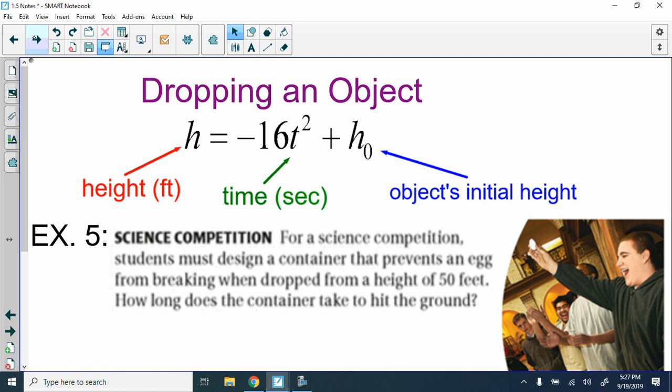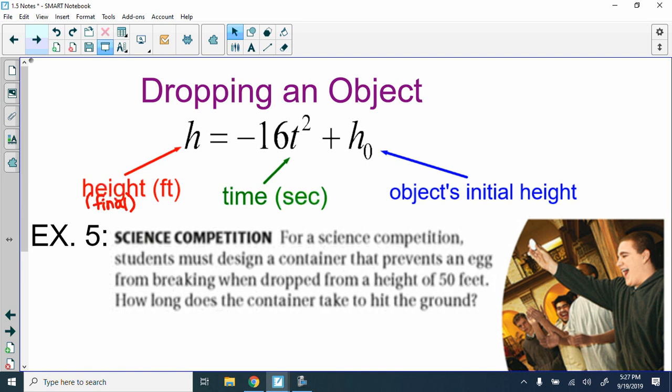So h equals negative 16 t squared plus h sub 0 is what that is. h stands for the height in feet. And by height, I mean the final height, the ending height. So what do we end up with? What's our final height that we get? t is going to represent time, and it's going to be in seconds. When you take physics, it might be in meters.